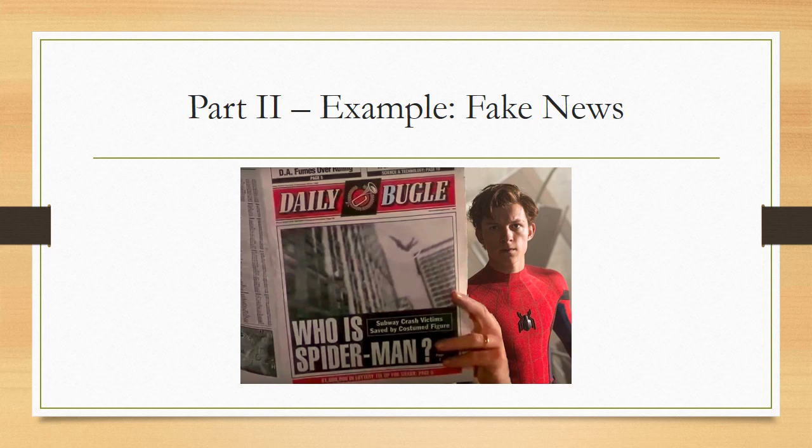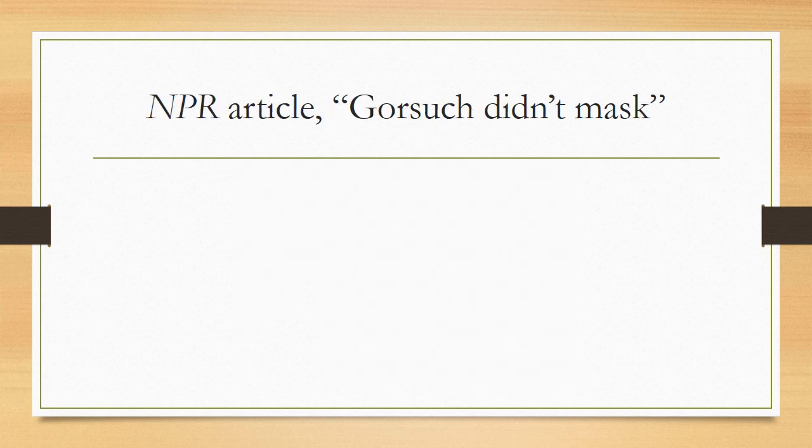All right, but let's see an example of using CRAP and SIFT to assess whether something is fake news. So I gave you two articles. One was from NPR, and the second was from Reuters, which we talked about in the previous part of the lecture. Basically, NPR seems like it would be a reliable source, and I think much of the time it is.